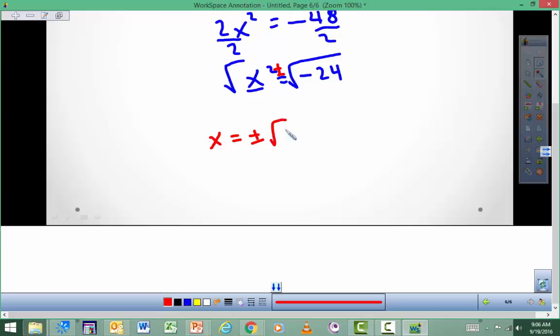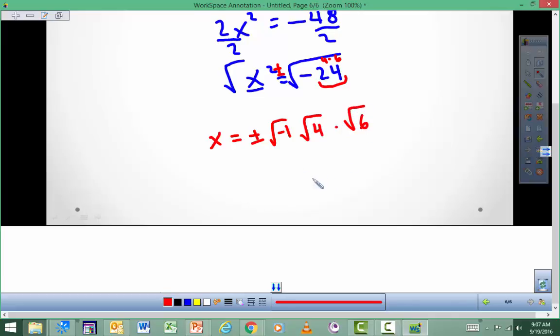How about we rewrite it as negative 1? Now, I'm also looking for some perfect squares. And I think there's a perfect square in there because isn't that 4 times 6? You see? And 4 is a perfect square. So I'd also write this as the square root of 4 times the square root of 6.